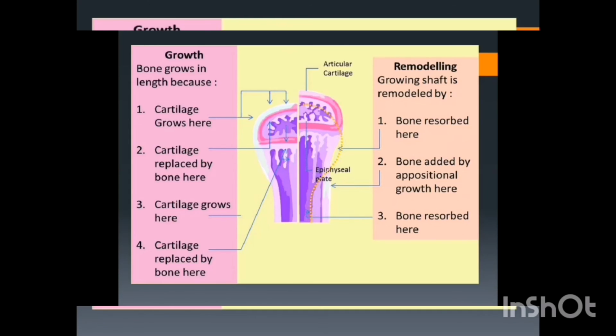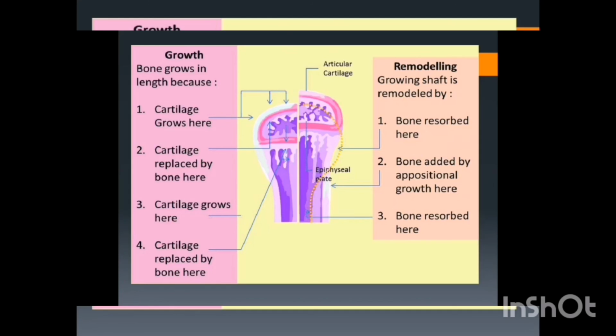The part that is violet or pinkish, that is where the cartilage is replaced. So the cartilage grows here, then the cartilage is replaced by bone in these pinkish parts.